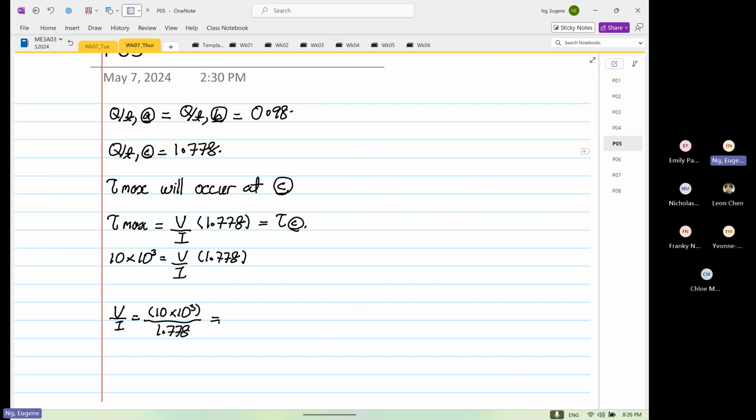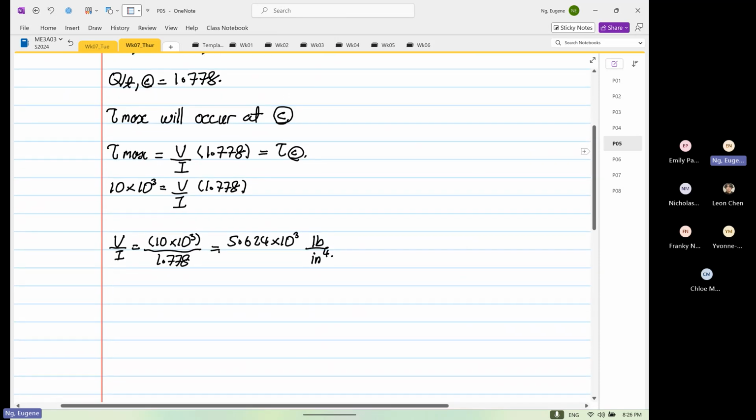So this will be equal to 5.6224 times 10 to the power 3. Some of you will ask me, what units are we looking at? This problem is in inches, so this will be in pounds per inch to the power of 4. Okay, so that is our unit.